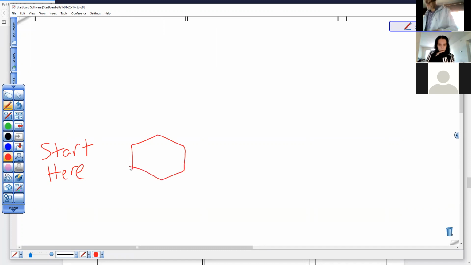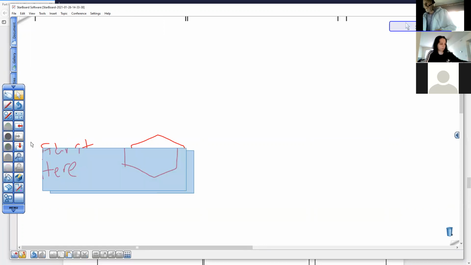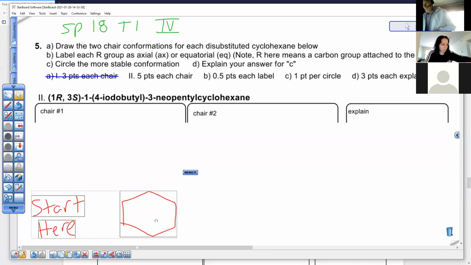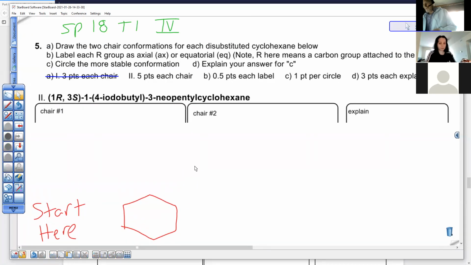I'm not even starting with a chair. I have to figure out if the stereo centers have groups up or down. We're putting a 4-iodobutyl group on carbon 1, and we also need carbon 3.